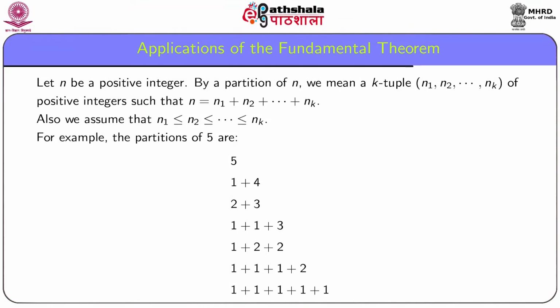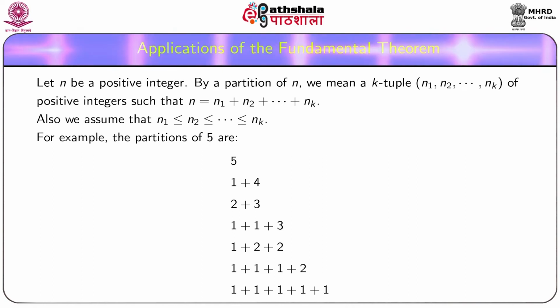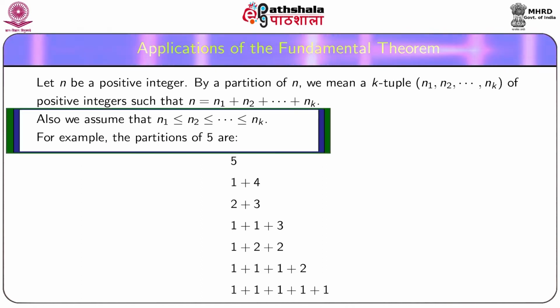Let n be a positive integer. By a partition of n, we mean a k-tuple n1, n2, up to nk of positive integers such that their sum is n. Also, we assume that n1, n2, nk are arranged in ascending order.